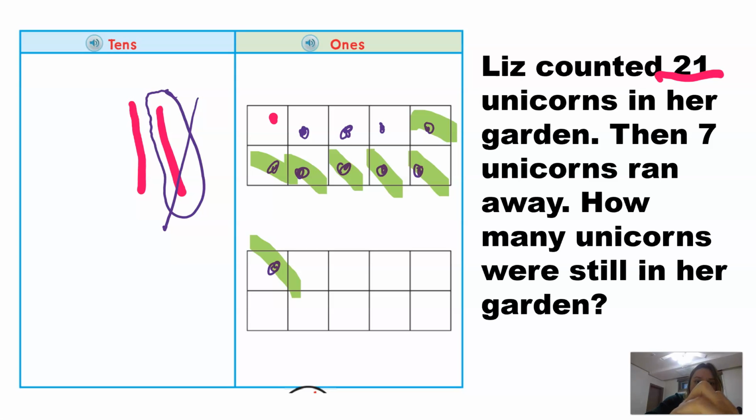This is where some of the students get confused, okay? How many tens are there in the tens box? There is only 1 ten because that one we regrouped. Now, how many ones are left in the ones part? 1, 2, 3, and 4. So how many unicorns were still in her garden? 14. Very good.